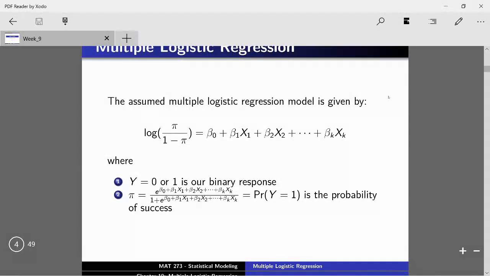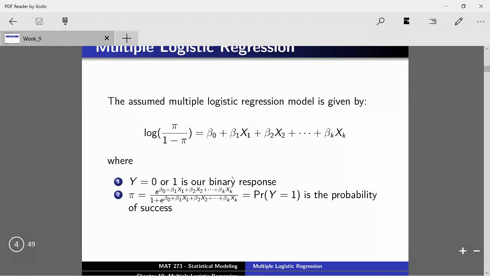So the assumed or theoretical logistic regression model that we are using here is given by this equation, where we model the log odds as a linear combination of our x's, of our predictor variables. And so the relationship between this and y is that pi is the probability that y equals 1, where y is our binary response.